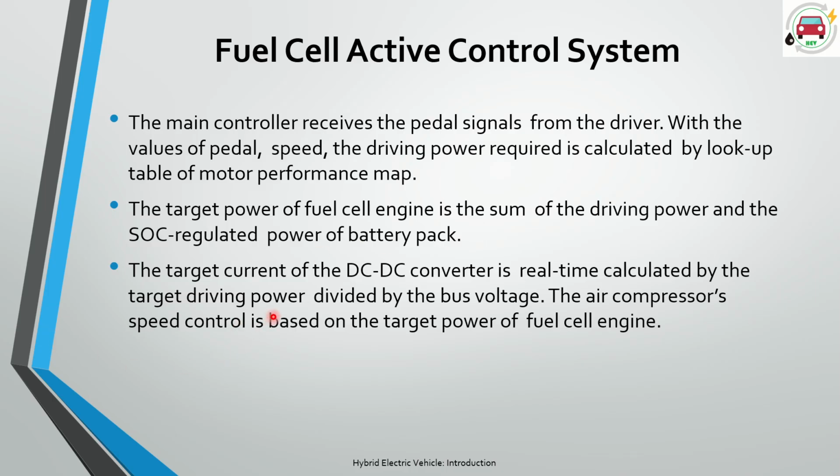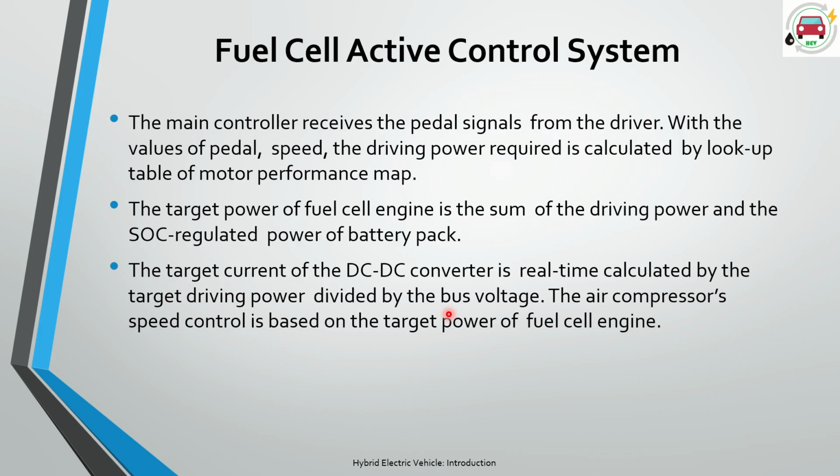The target current of the DC to DC converter is calculated in real time, because as the vehicle is moving, the feedback should be real time feedback to have control over the vehicle.